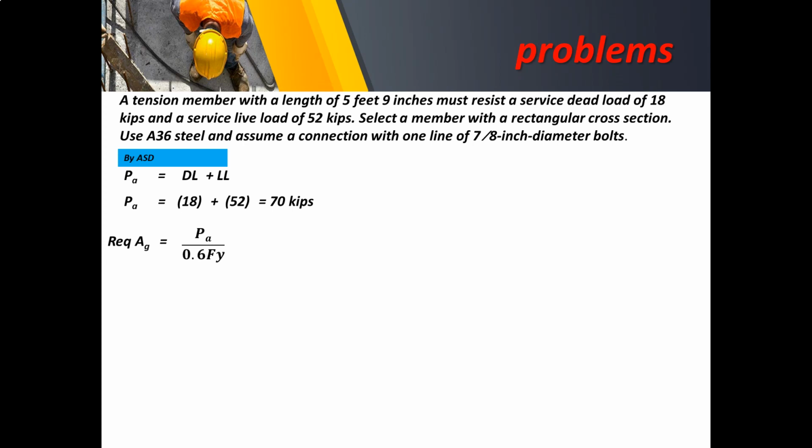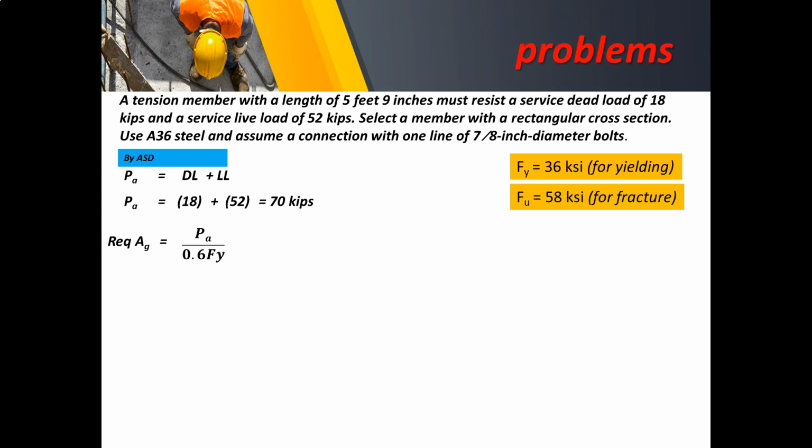We divide that by 0.6 of Fy. So the required gross area now will be equal to 70 all over 0.6 all over 36. So therefore, the required gross area will be equal to 3.24 square inches.